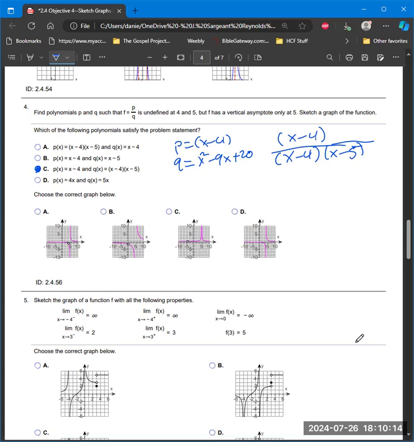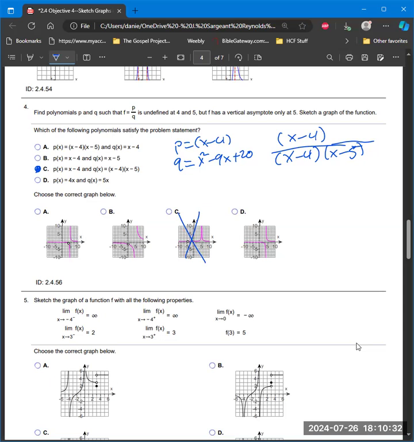And then when we graph that, we're going to have an asymptote only at 5, and it's going to switch directions there. It's not going to be an even power on that.